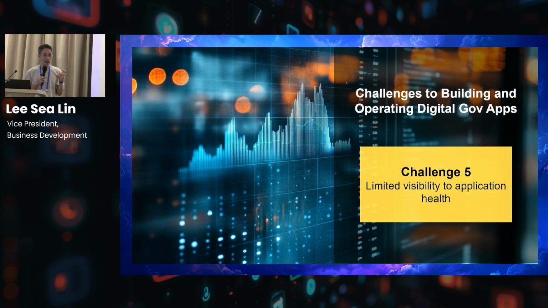If you do not have visibility or insights on how the application is performing, the health of it, you may not be able to see that there are problems coming. And worse still, when the problems do occur, how do you know where the problems are? Whether you can pinpoint the problem quickly, address it, so that the system can go back to its original state.